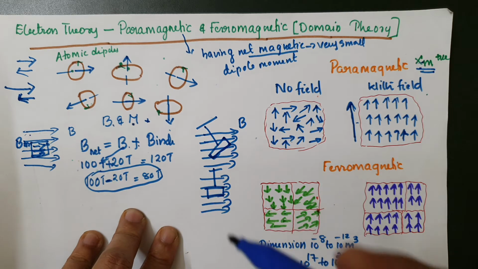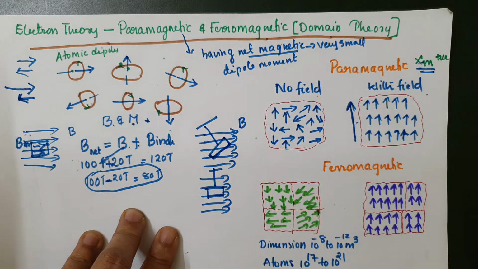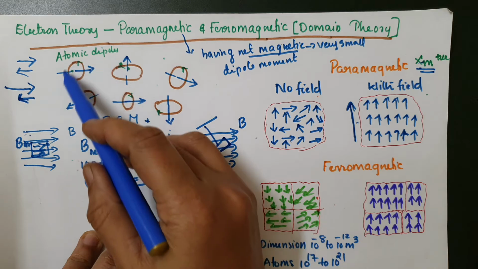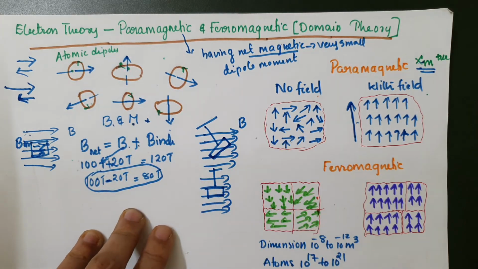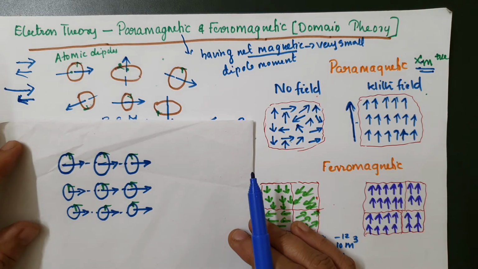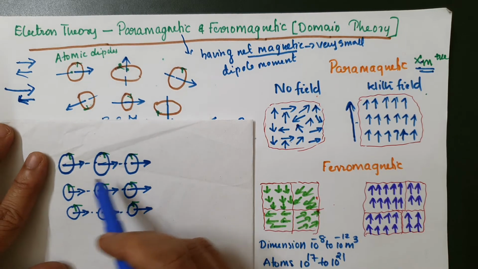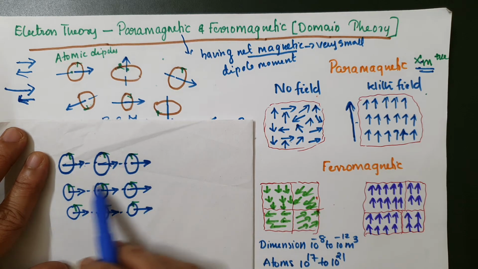And when we consider the extreme case of paramagnetism, means if you consider the atomic dipoles, consider a large number of atomic dipoles such that they are oriented in this direction. That is, each atomic dipole will be oriented parallelly.